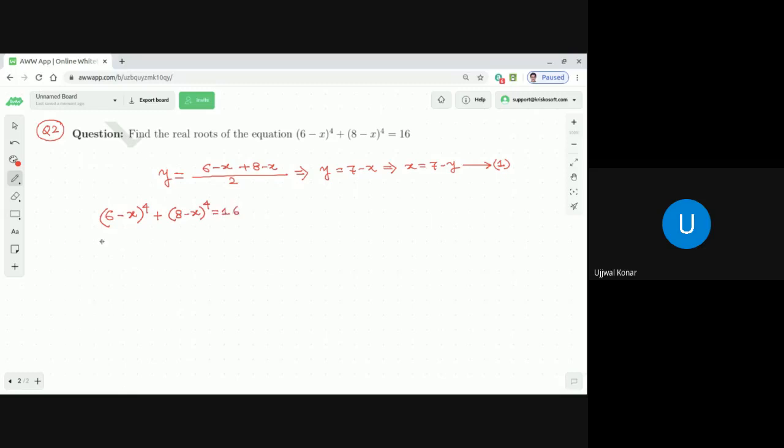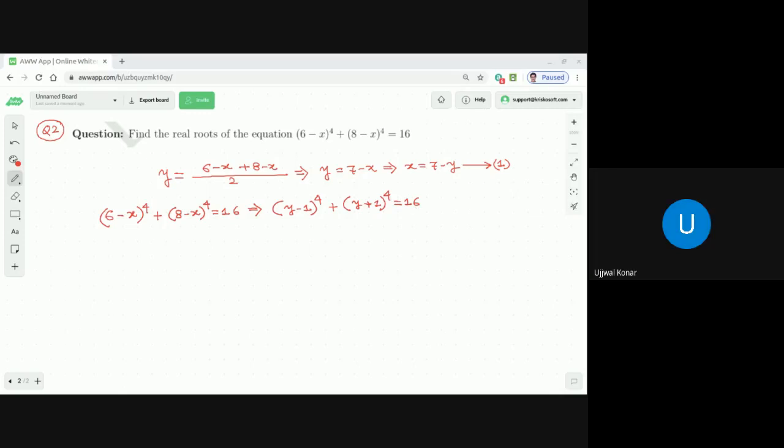Now if we apply x equal to 7 minus y, we are going to get (y minus 1) power 4 plus (y plus 1) power 4 is equal to 16, correct or not, dear students?